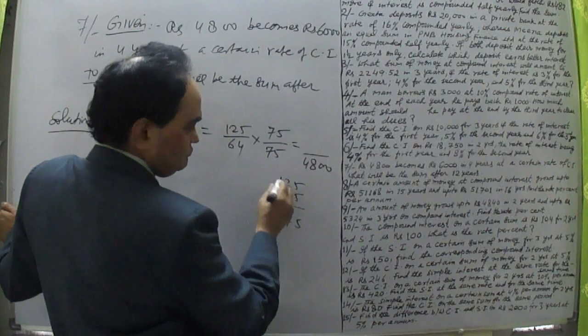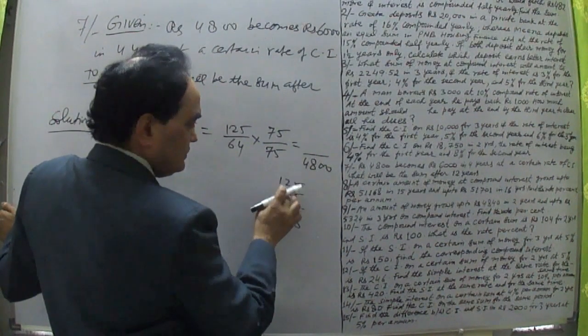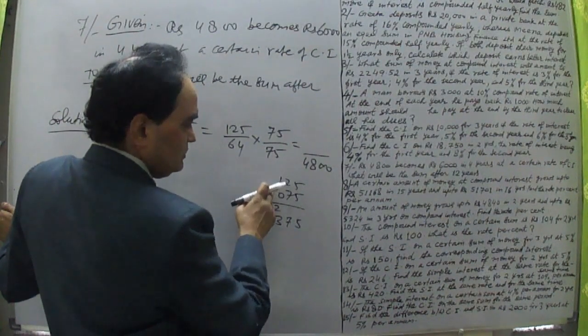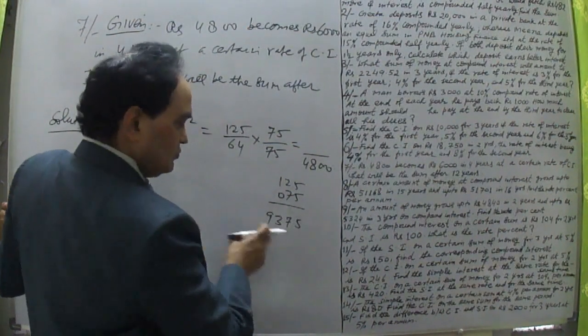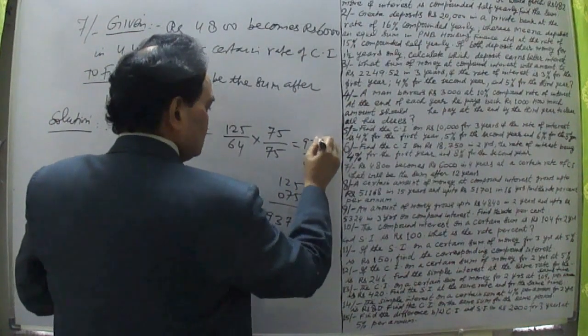Now 7 in the 7, 2 into 0, 0, only 7, 7 plus 2 is 9. This value will come because 1 into 0, 0, next digit will not be there. This is 9,375.